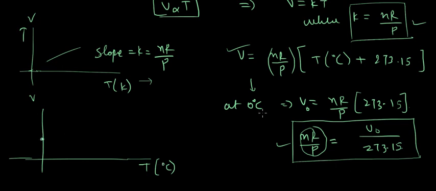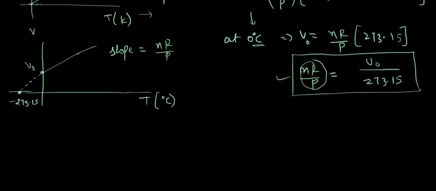When we have 0 degrees Celsius, the volume is V naught. Above that we have the slope, which remains the same, equal to nR by P. Only the intercept changes, and when the temperature is minus 273.15 degrees Celsius, we have volume as 0. So this is the difference in the graph from the first case to the second case.